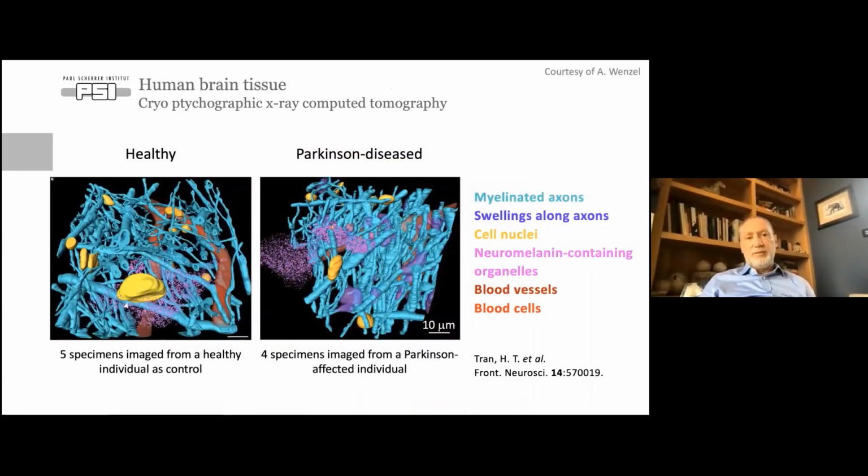This is a lovely piece of work also done by cSAXS, in which a comparison was made between a healthy and a Parkinson's diseased brain tissue, and how, for example, in particular, there is a swelling along the axons given by this purpley blue color here, and neuromelanin containing organelles are more obvious or more common in the Parkinson's diseased patient.